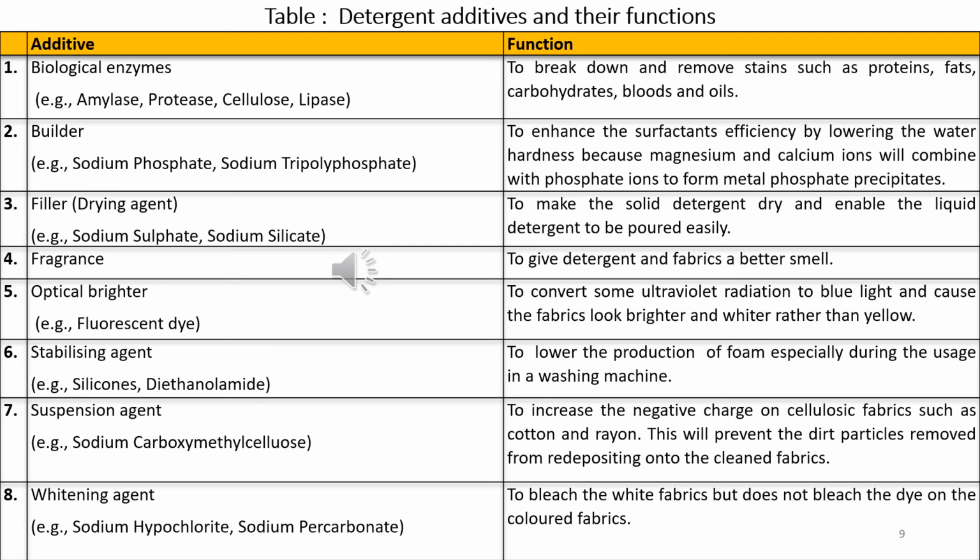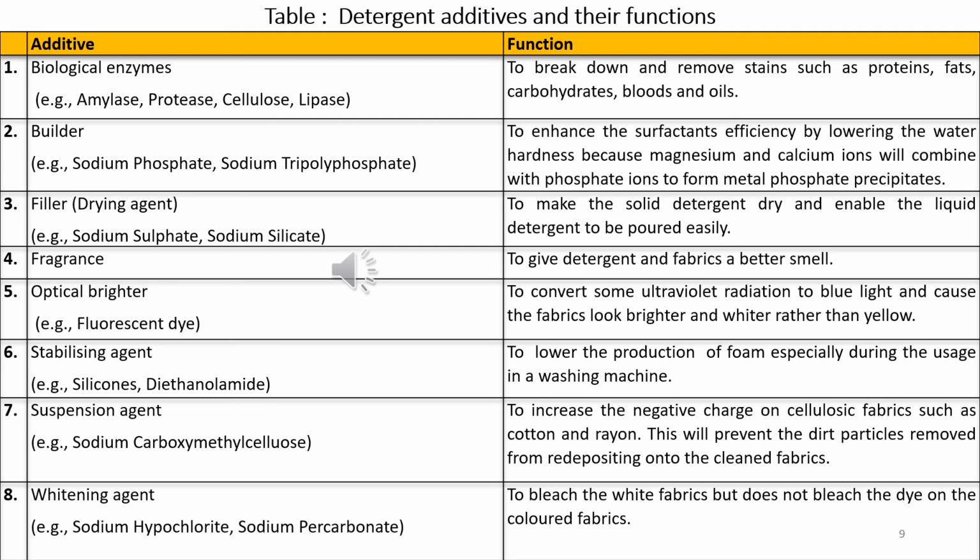Number 8, whitening agents. Different types of whitening agents are added in detergent to make it appear whiter. Examples of whitening agents are sodium hypochlorite, sodium perborate, and similar compounds.